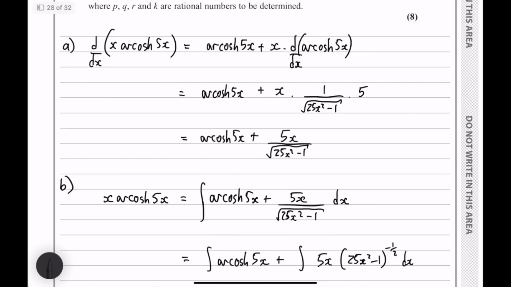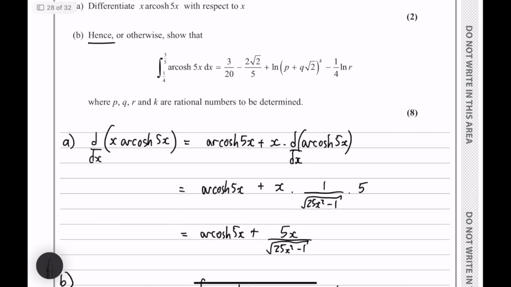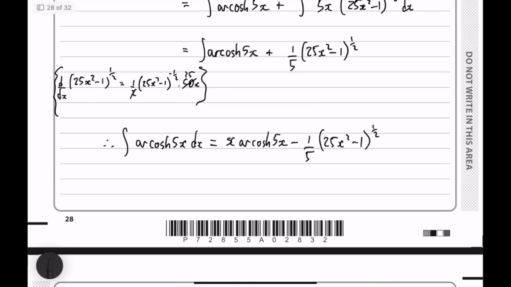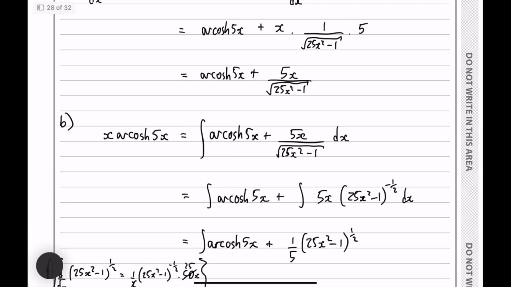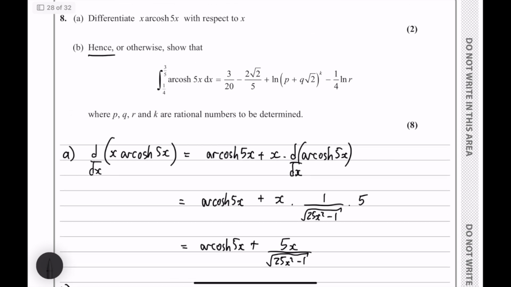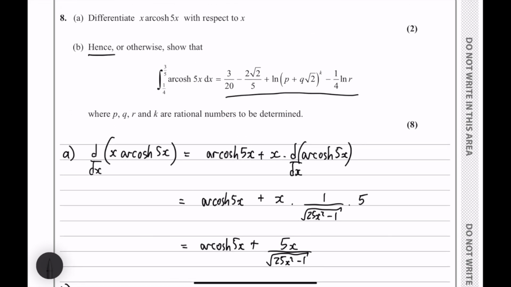Now if we want the limits, 1/4 to 3/5, it's just a case of putting it all in, but I do also want to know arcosh 5x in terms of logs because of the format here.